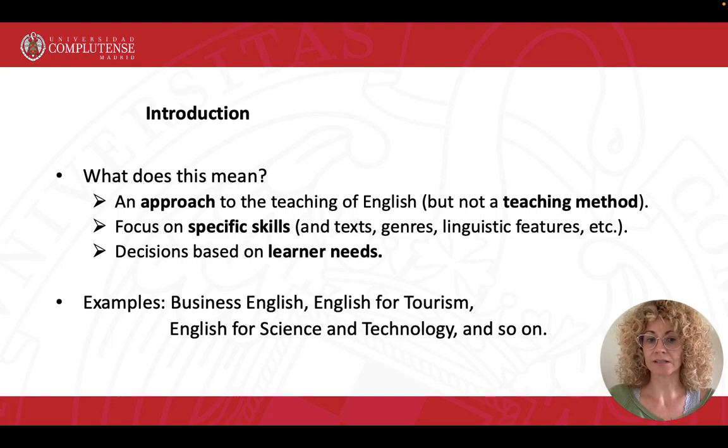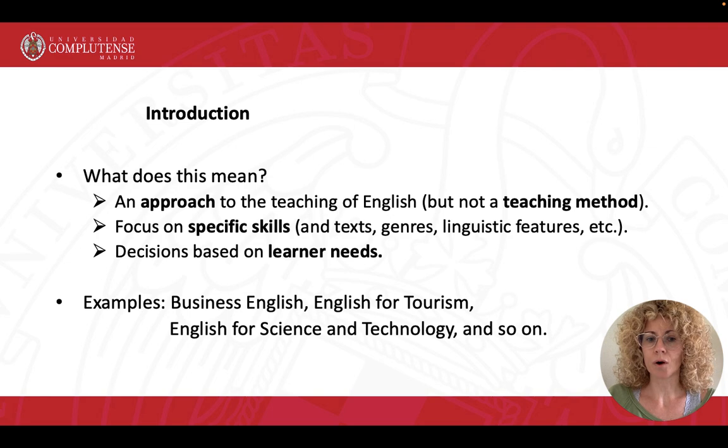So basically, the decisions that we make about the activities that we include in our ESP courses depend on the learner's needs. There are several types of ESP courses. We can teach ESP to university students, also to vocational training students, and also to employees at a company.